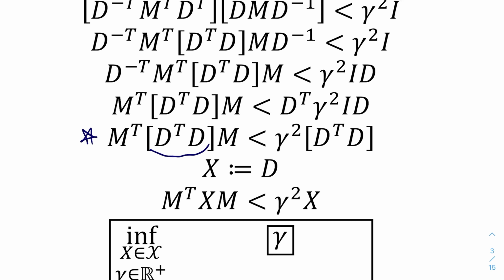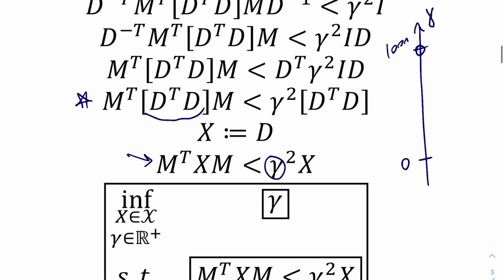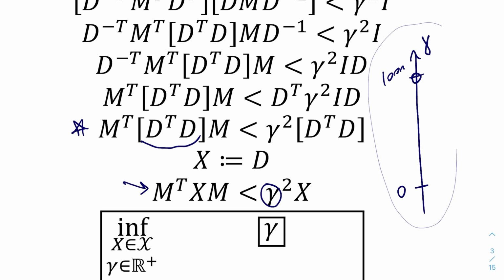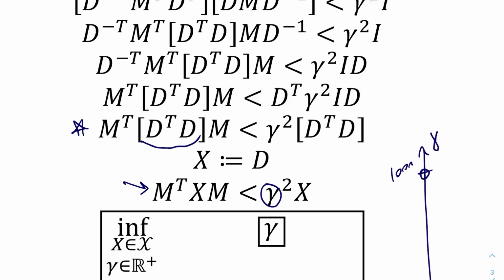However, gamma is a scalar. We also know that gamma can't be less than 0. So let's start from 1000 or something, just put 1000 and try to get x. Maybe let me do that.